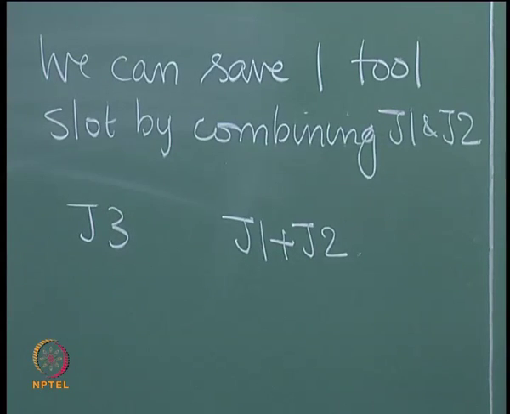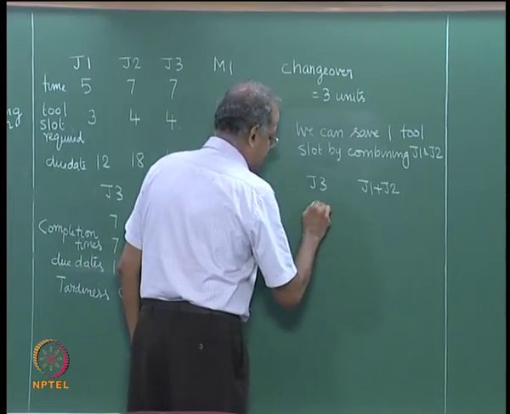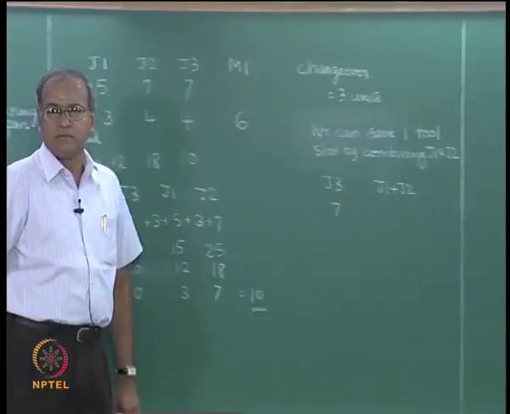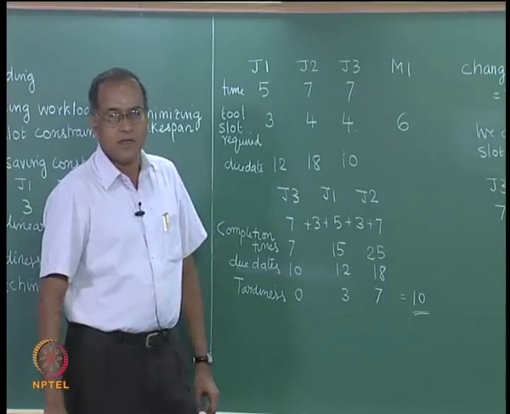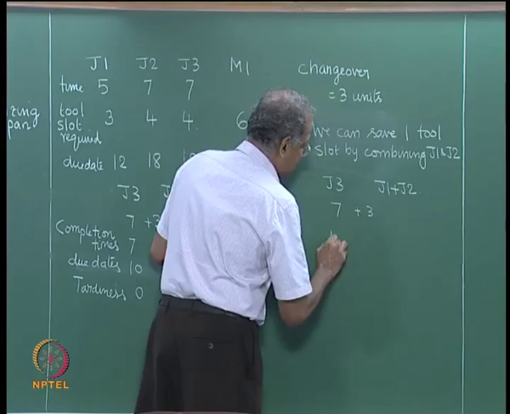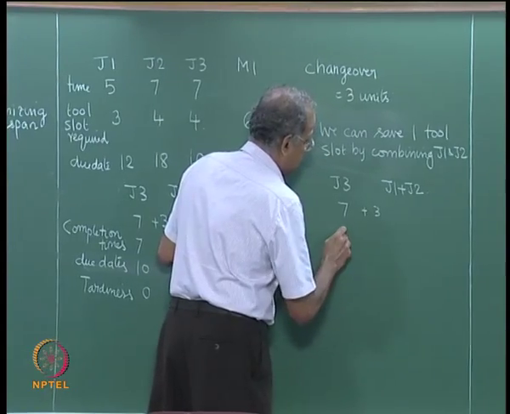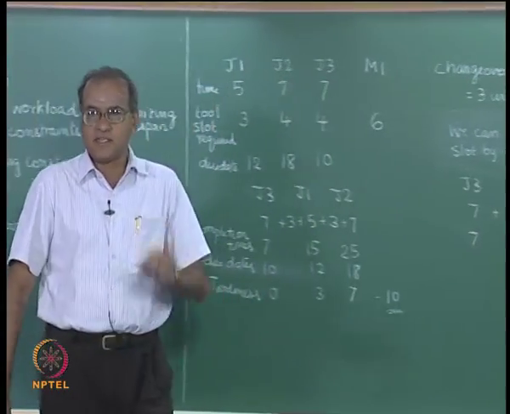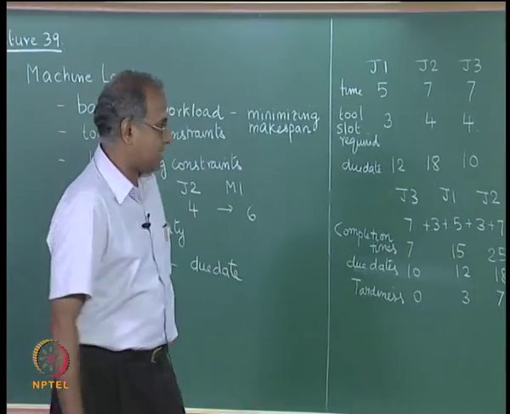Now, we start J3 at time equal to 7, J3 finishes at time equal to 7. Now, there is a single changeover plus 3.